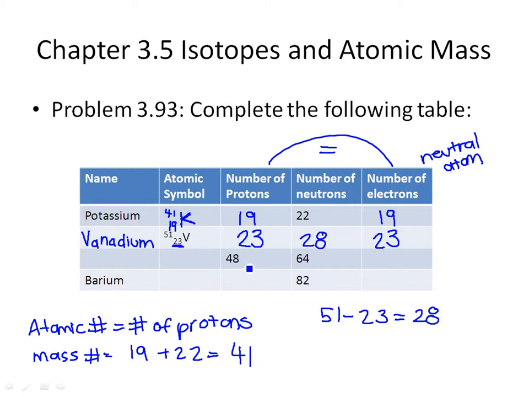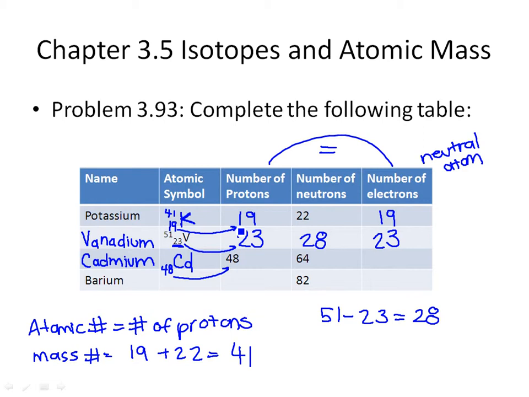Row 3, we have the number of protons is 48. If we find the atomic number 48 on the periodic table, we see that it matches up with cadmium, which has a symbol that looks like this. We know that our atomic number is equal to the number of protons, so all of these are the same here.